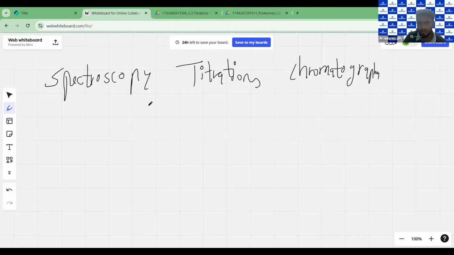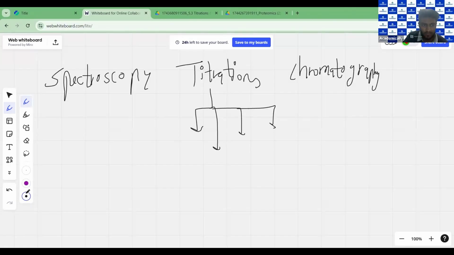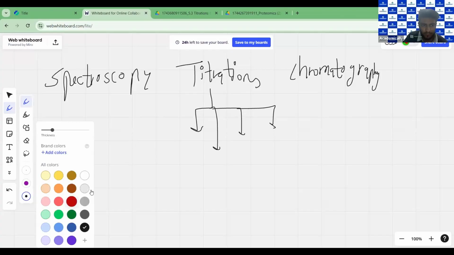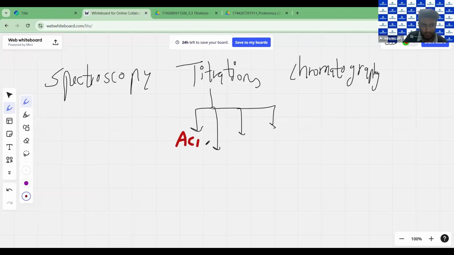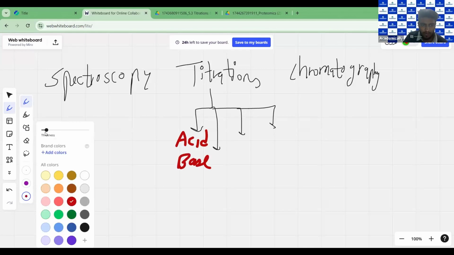Okay. So now in the titrations, we have different types of titrations, right? What are those major types of titrations that we have covered? Acid base, redox. Acid base is commonly called as the neutralization titration as well.